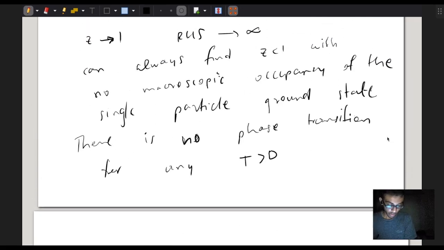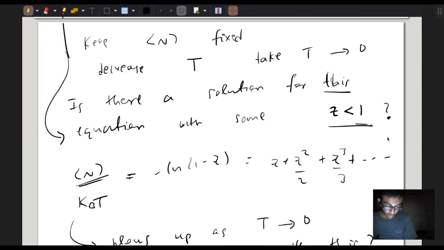Just one more comment. In the case of a three-dimensional gas, the density of states goes as square root of e near e equal to 0.